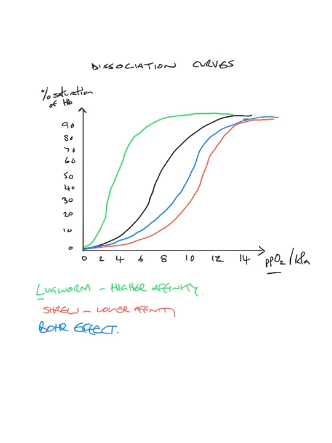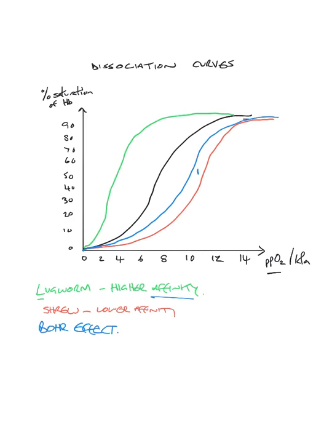When you're answering questions about dissociation, you need to make sure you use the terms affinity, loading and unloading, and so on. Now, some questions will talk about how much oxygen would be released, or extra oxygen would be released.